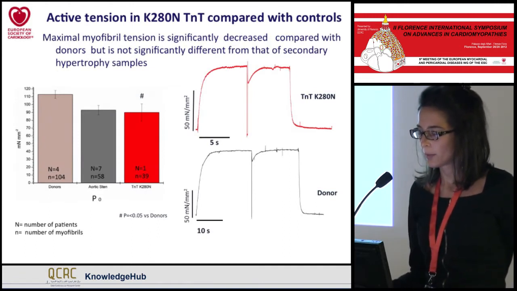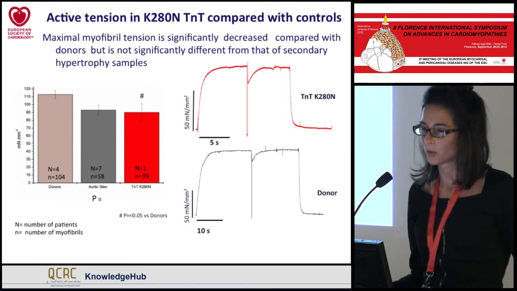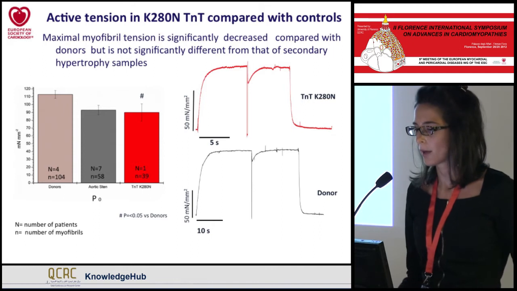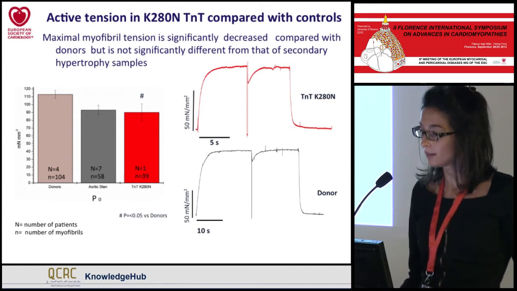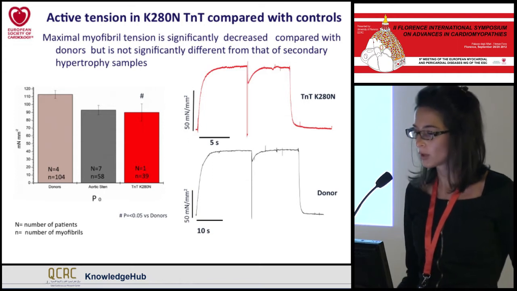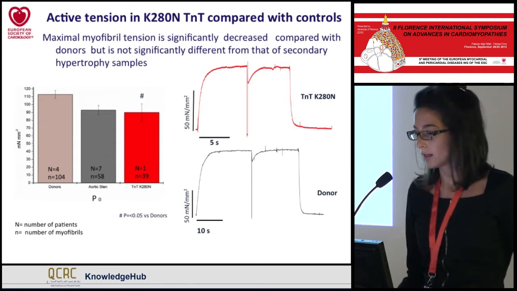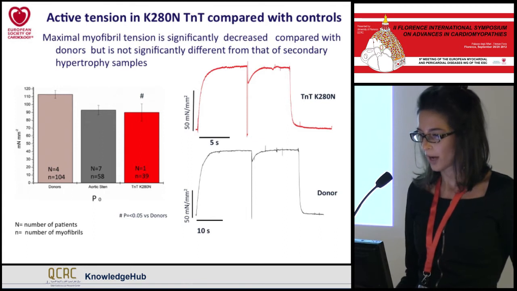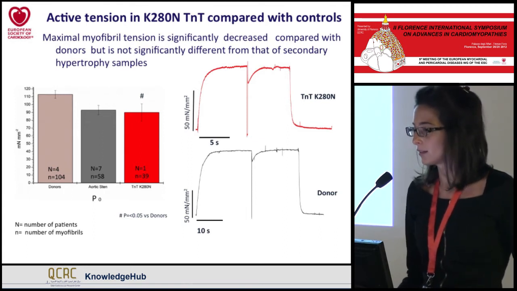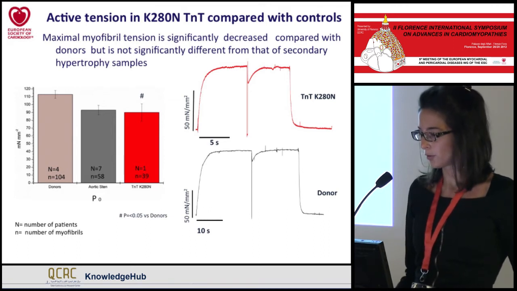The first parameter analyzed is the tension, and we found that maximal myofibril tension is significantly decreased in the sample with mutation compared with the group of donor myofibrils, but it is not significantly different from that of the secondary hypertrophy samples.